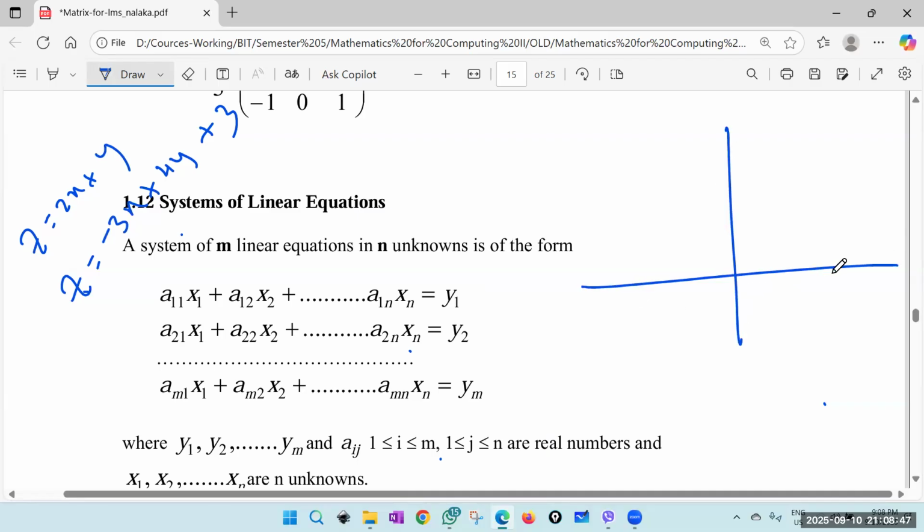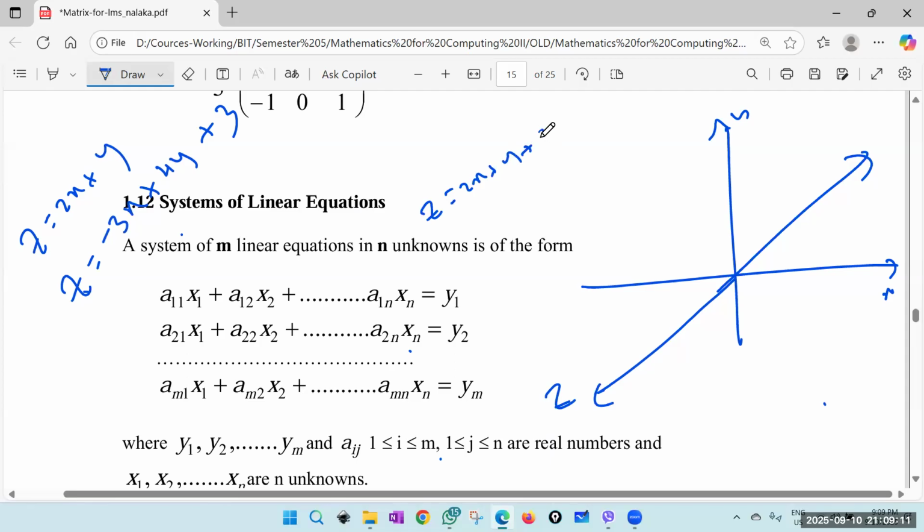But when it comes to three variables, you have the Z axis, X, Y, and then Z, this way or that way. Let's say this is your Z. So in three dimension, a linear equation is something like Z equal to X plus Y plus 5.